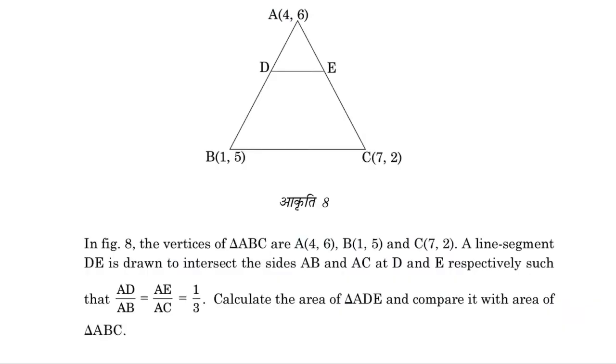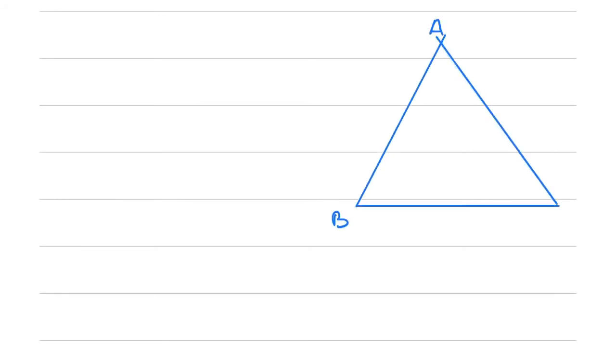Question number 28. In this question, we are given a triangle ABC where A is (4, 6), B is (1, 5), and C is (7, 2).